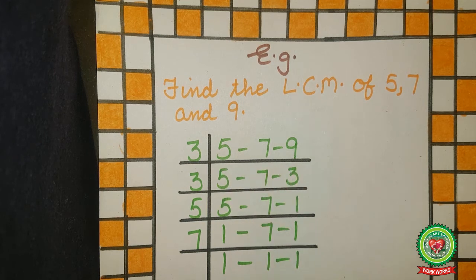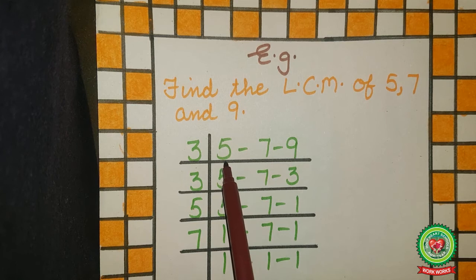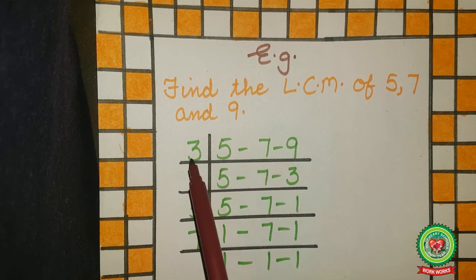Now divide the numbers by the smallest prime number which divides at least one of the numbers. Now students, you can see here 5, 7 and 9. All these numbers are odd numbers. That means these numbers are not divisible by 2. So we will not take 2 as a divisor.